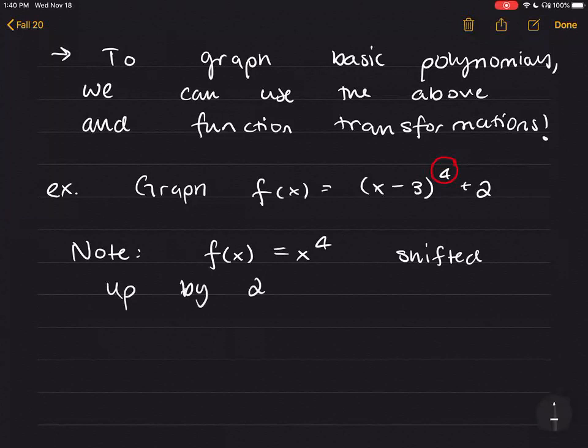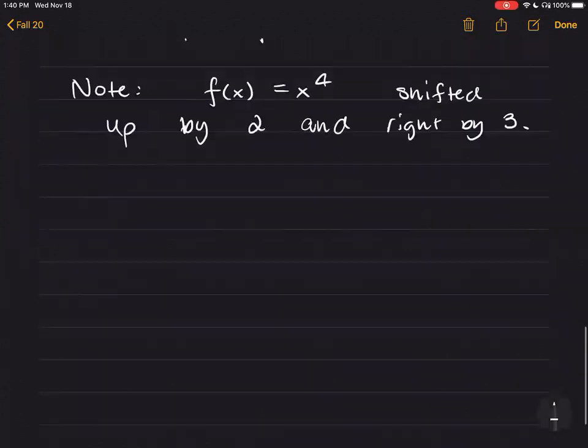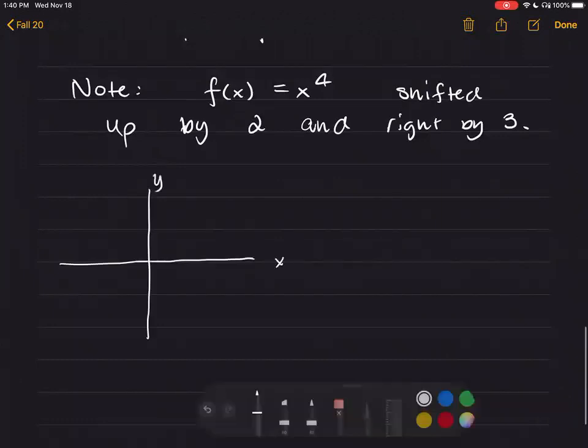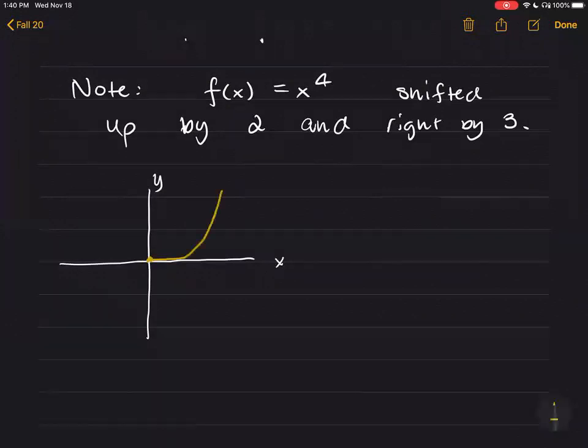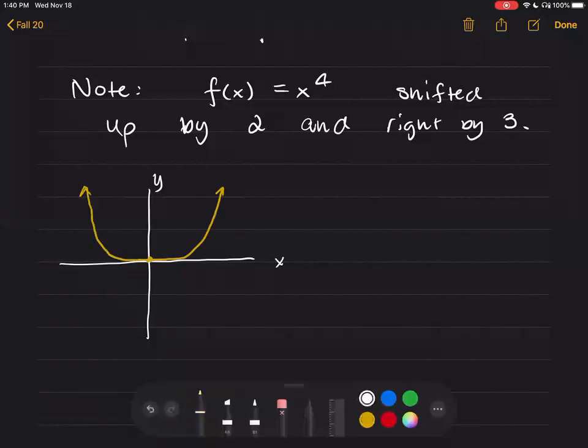And the minus 3 on the inside is right by 3. So if we started with our yellow graph, which looked kind of like this, when we want to graph this, we just take the yellow and shift it up by 2 and right by 3.